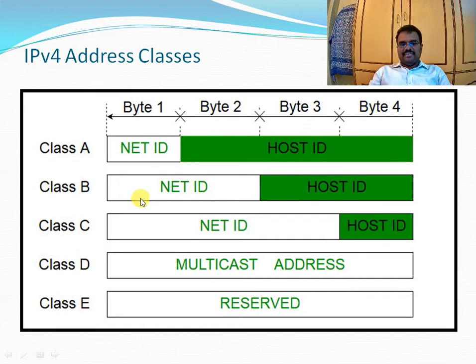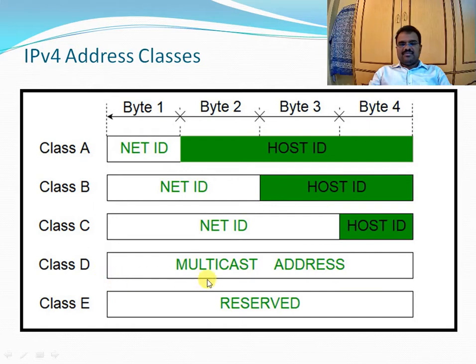Whereas in class B, the first 2 bytes, byte 1 and byte 2, nothing but 16 bits, are used to identify the network, and the remaining bytes 3 and 4, the remaining 16 bits, are used to identify the host in the class B addressing scheme. And in class C addressing, the first 3 bytes, byte 1, byte 2, byte 3, nothing but 24 bits, are used to identify the network ID, and the remaining only 8 bits, byte 4, is used to identify the host in class C.